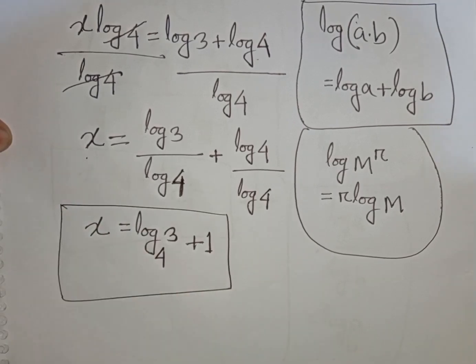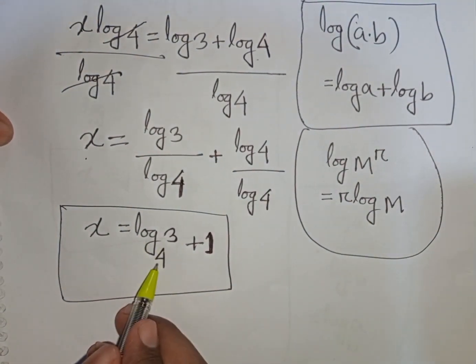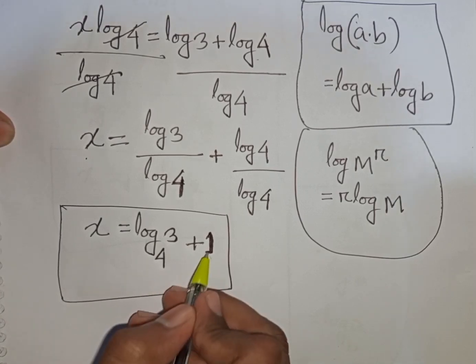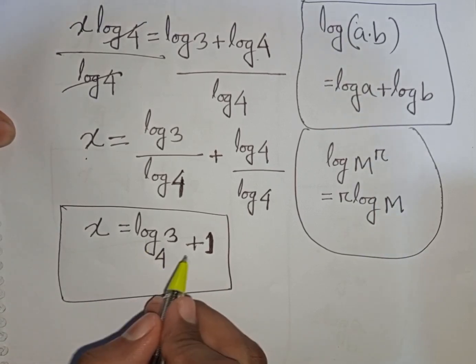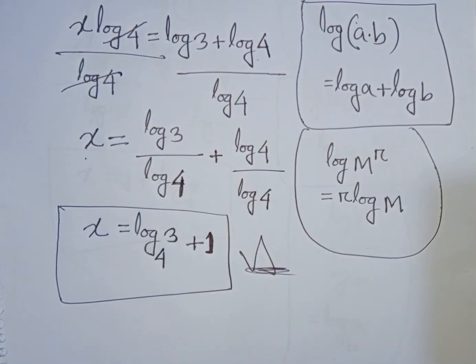So x is log 3 base 4 plus 1. So this is the value of x, so this is our final answer.